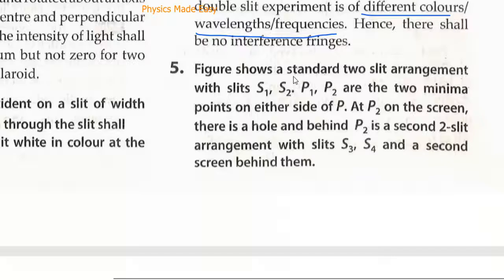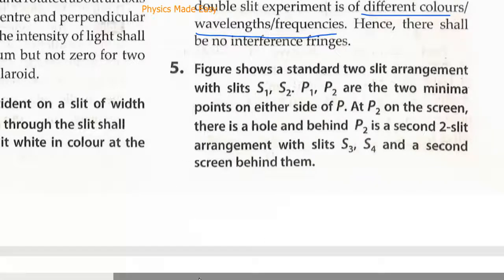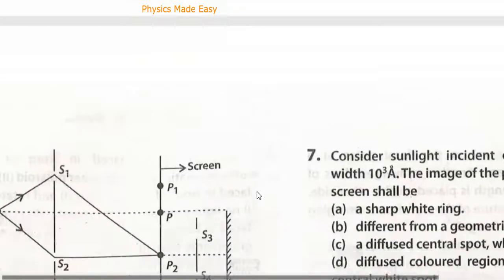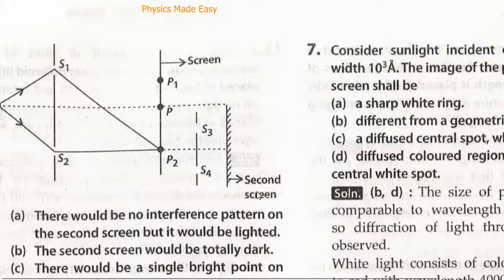Figure shows a standard two-slit arrangement. Basically, here is a two-slit arrangement. This is a source, this is slit S1, this is slit S2. These two slits are not equidistant from the point P. So what he says here is minima.